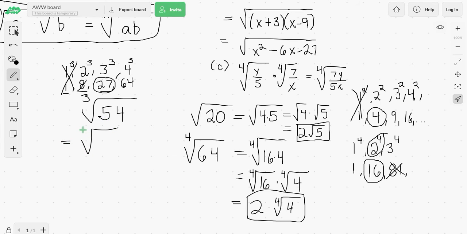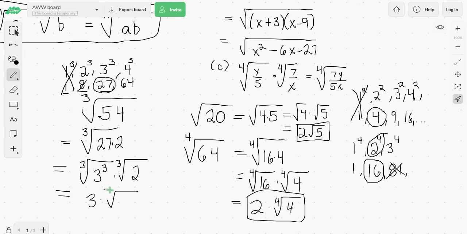So you can write this as the cube root of 27 times 2. Or perhaps another way to write this is the cube root of 3 cubed times the cube root of 2. The cube root of 3 cubed, you can just imagine the cube root and the cube canceling, so we just have 3 times the cube root of 2. That is the same thing as the cube root of 54.